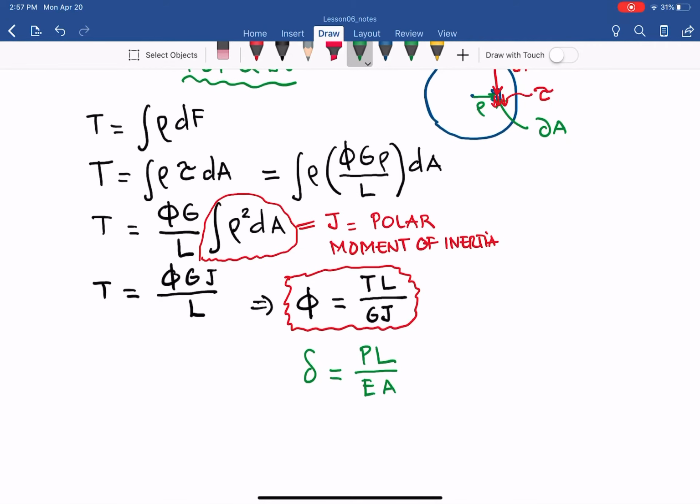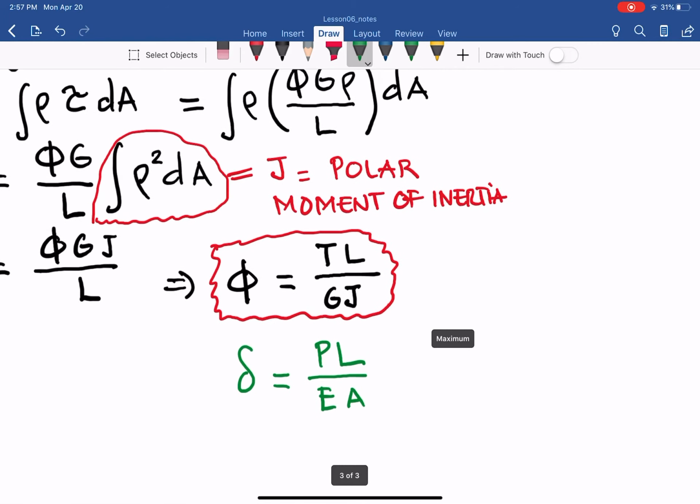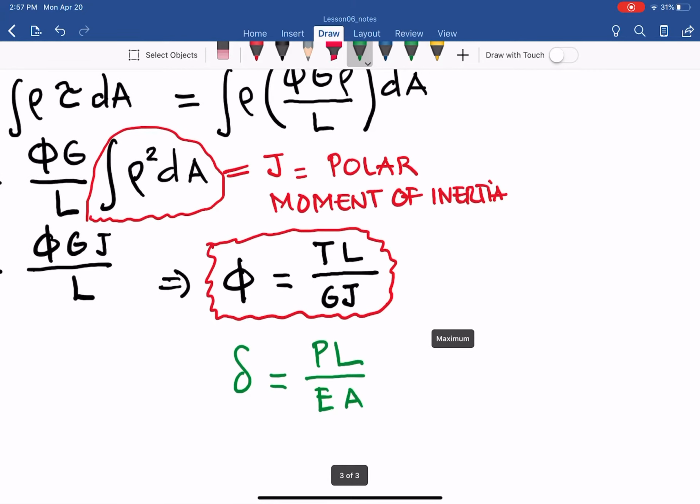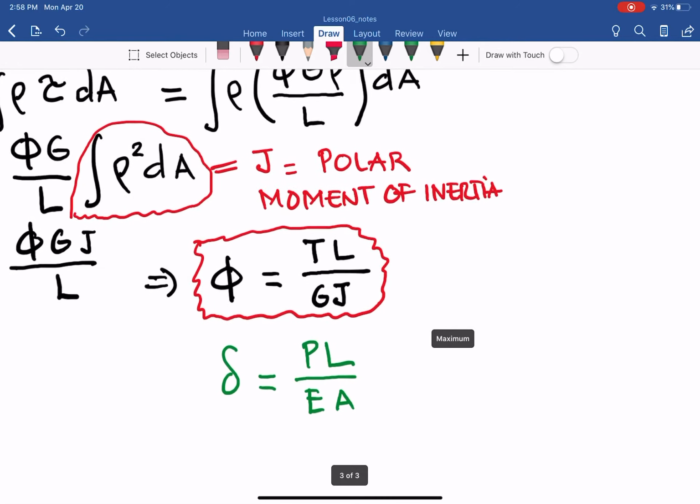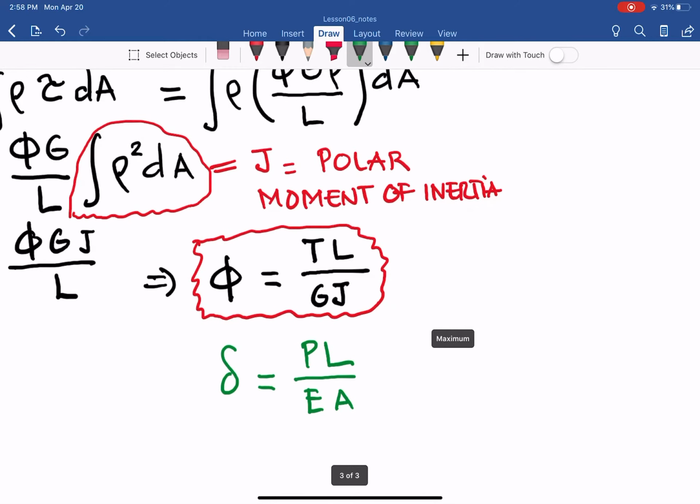So T and P are analogous, L the length is the same analogy. G in the angle of twist is analogous with the E, which is the Young's modulus, and G is the shear modulus. So it's the same there. A is the cross-sectional area in the axial deformation, the green one there.